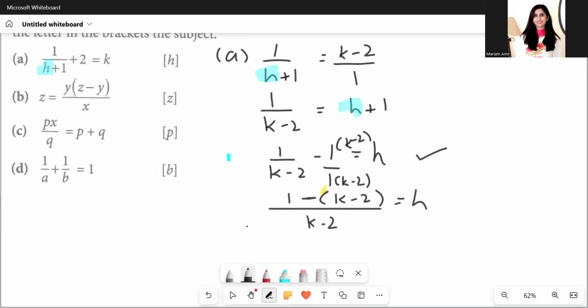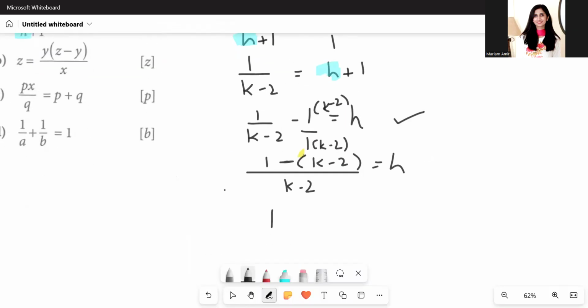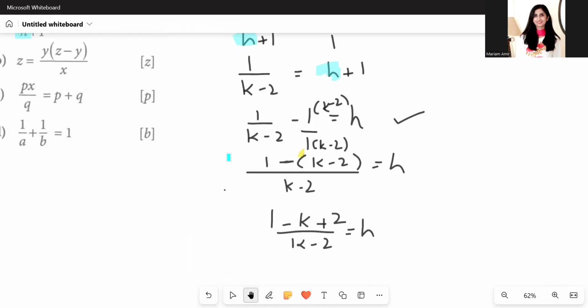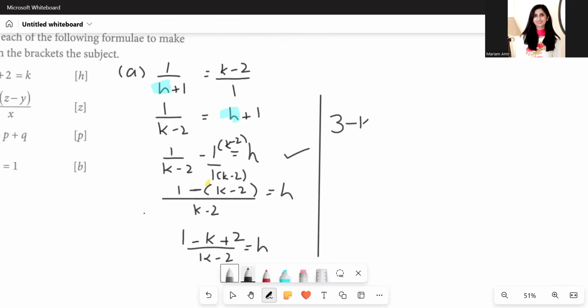Okay, remember these brackets. If you don't write these brackets, you get a wrong answer. So now we have 1 minus k plus 2 over k minus 2 equals h, which gives us the book answer, 3 minus k over k minus 2 equals h.